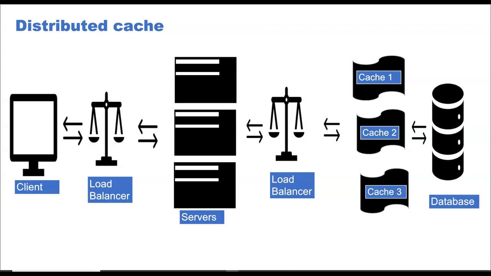For example, cache 1 service can have the cache data whose name starts with A to D, cache 2 service can have names starting with E to H, and cache 3 service can have names starting with I to Z.